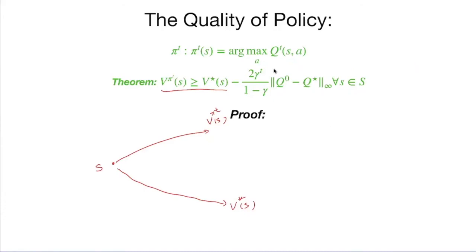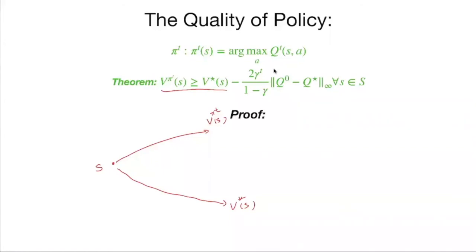At every time step you are following two different policies. The first trajectory follows pi t every time step, the second follows pi star every time step. It's not easy to directly compute the difference between these two.